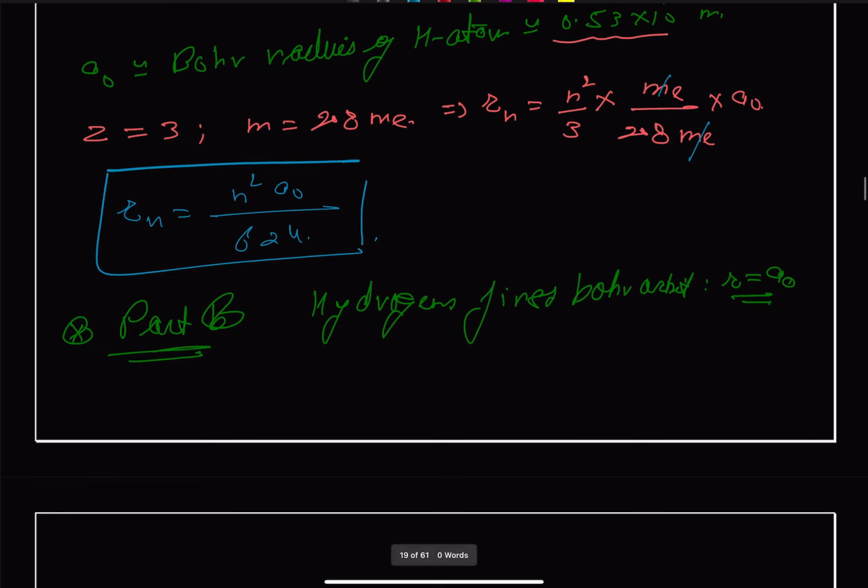So we want R, which we have already found the relationship, so we can say n square upon 624 multiplied by a naught should be equal to our a naught, and from here a naught and a naught cancel out, so this gives us our n square is equal to 624. So value of n can be approximately equal to 25.